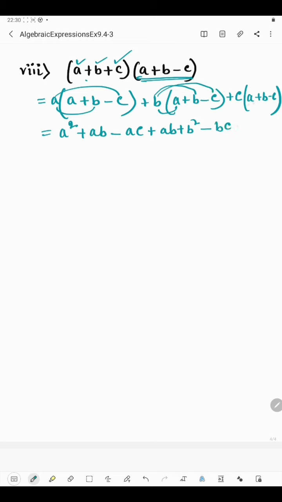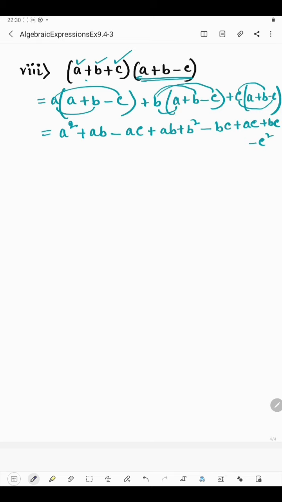Then coming to the last part, here we have c into a, ca, or ac, it's the same. Now c into b is cb or bc. Next we have c into c. Here c has a minus sign, so c into c is c square. Since the minus sign is there, we'll write minus here.